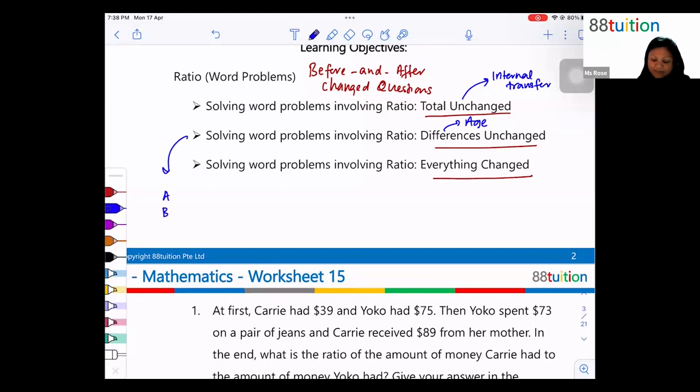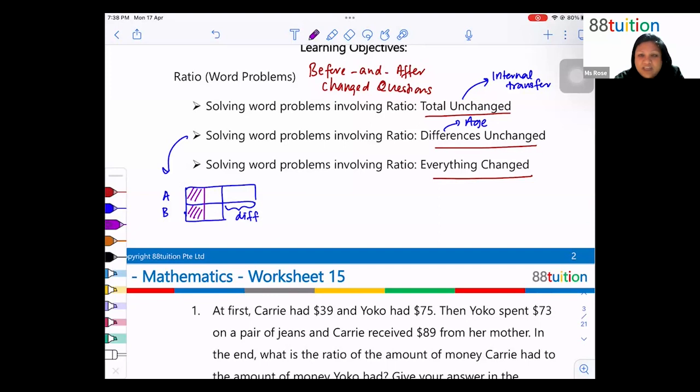Now, I'm going to give you another example. Let's say I have A and B. A has more than B. The difference between them is this amount, for example. If they each spend an equal amount of money, I remove from the same place.